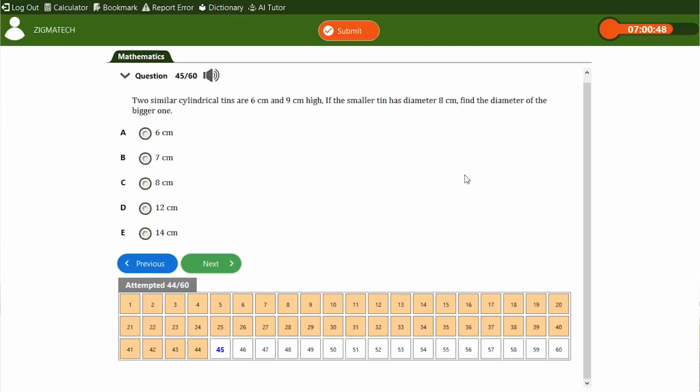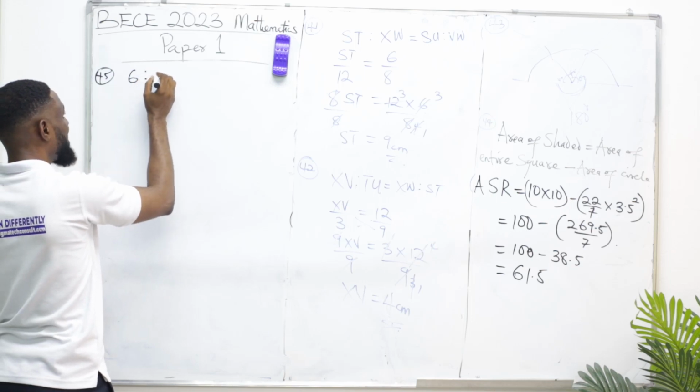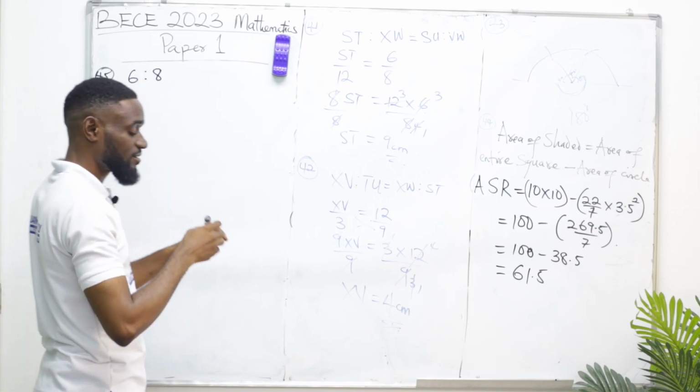So two similar cylindrical tins are 6 cm and 9 cm high, okay? If the smaller tin has a diameter of 8 cm, what it means is that 6 cm is equivalent to 8 cm. You see that?